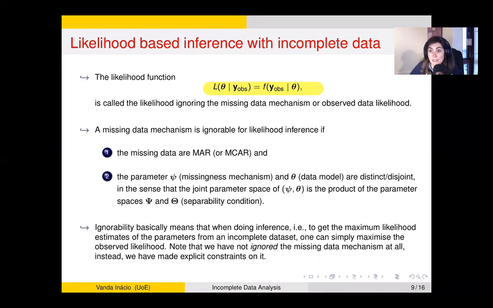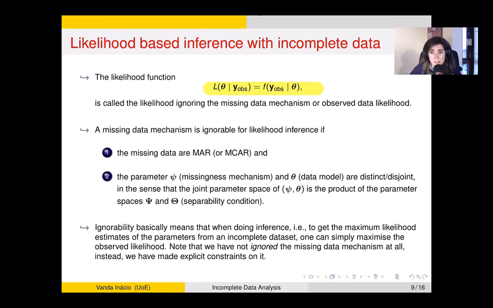A missing data mechanism is said to be ignorable for likelihood inference if the data are missing at random or missing completely at random, and if the parameter psi of the missing data mechanism and the parameter theta of the complete data model are distinct or disjoint, in the sense that the joint parameter space of psi and theta is the product of the parameter spaces of psi and theta.